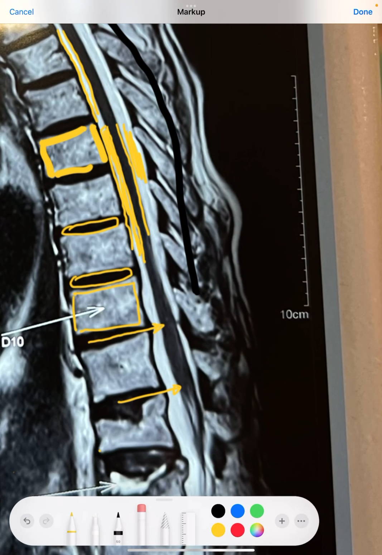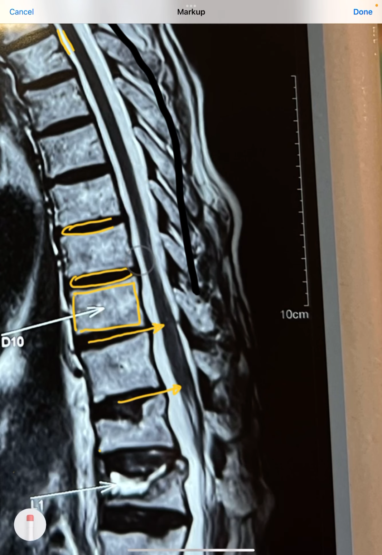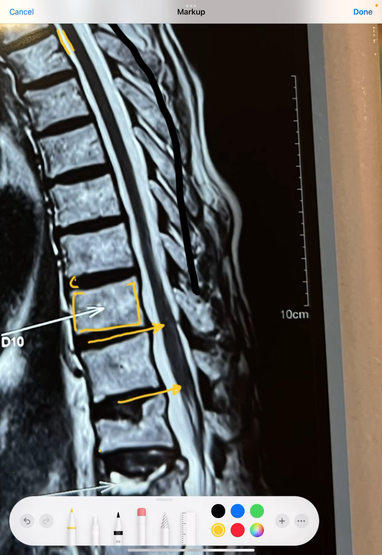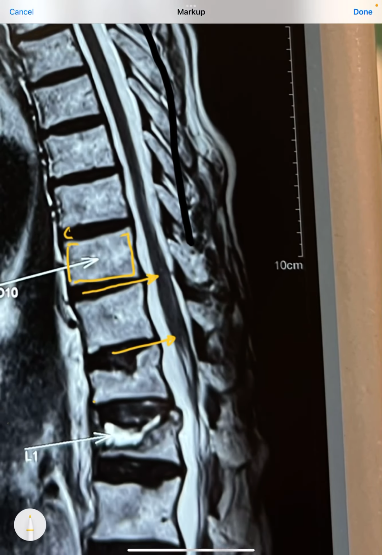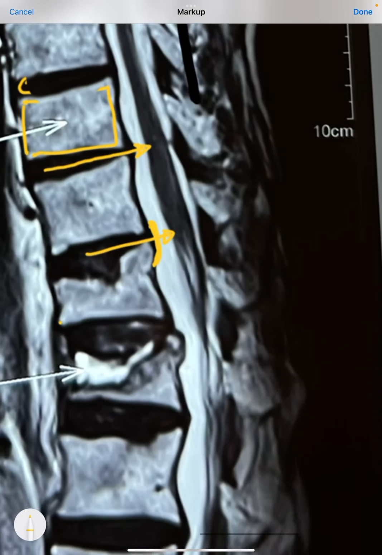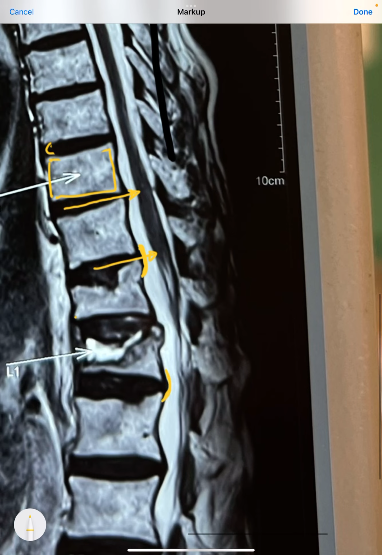Compare the same thing here. In this area, the subarachnoid space is compressed. That is the reason why there is a curvature, a concavity. You can see there is concavity here. Why is this concavity there? Because this disc is compressing toward the posterior side.